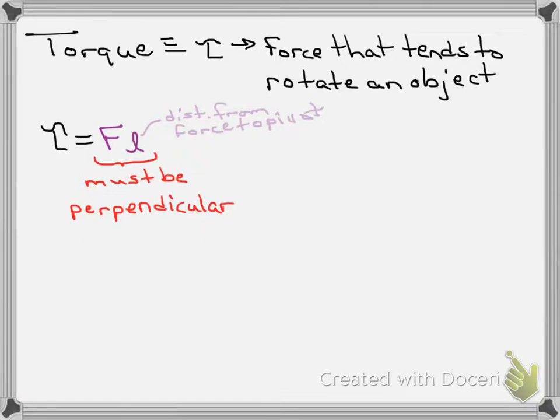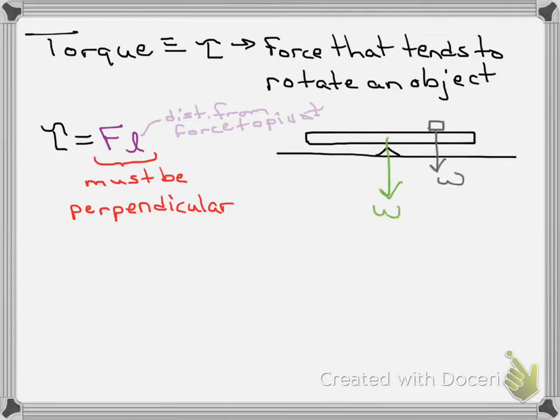Well, what is the distance that we're talking about? The distance is actually from the pivot point to the force. Let's look at an example. Here we have, from the previous page, our meter stick, where the weight of the meter stick acts at the center of mass and is right over the pivot. Then I put a little mass out here to the right.